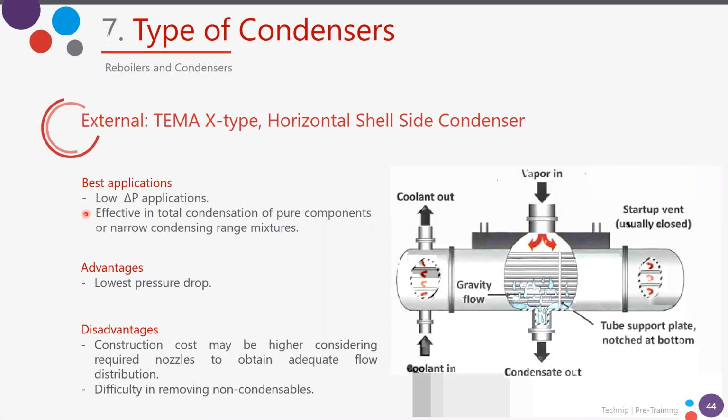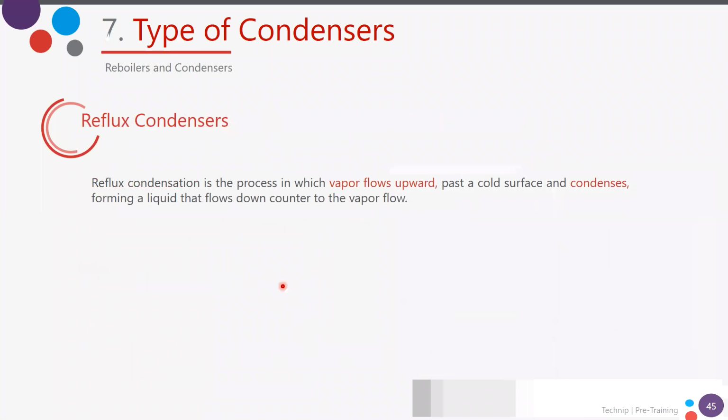Okay, up to now we have done the external condensers. The next one we are going to explain are the reflux condensers. In this kind of condenser, reflux condensation is the process in which vapor flows upward past a cold surface and condenses, forming a liquid that flows down counter to the vapor flow.